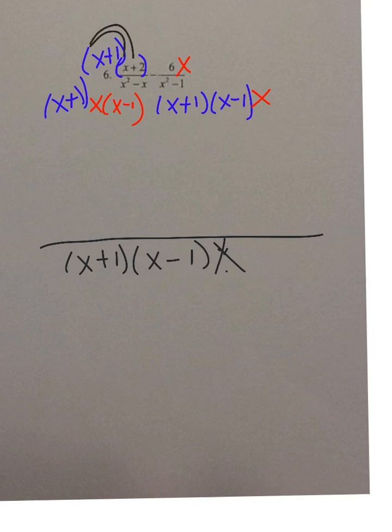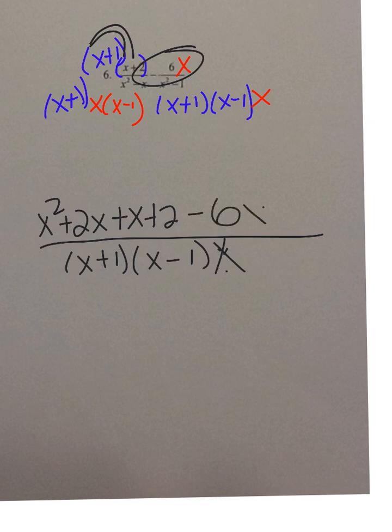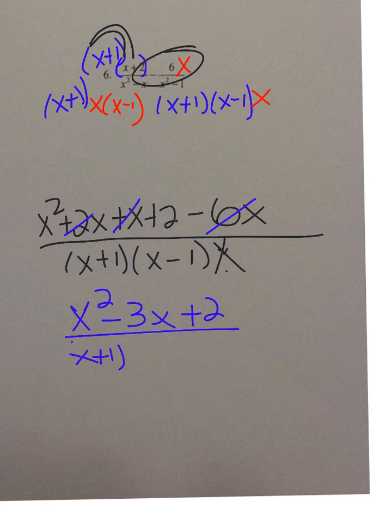So I get x times x is x squared. x times 2 is 2x. 1 times x is 1x. 1 times 2 is 2. And then I have this minus 6x. Let's combine like terms. I have x squared. 2x plus x is 3x. Minus 6x is negative 3x. And then I have plus 2 over x plus 1, x minus 1, and x.